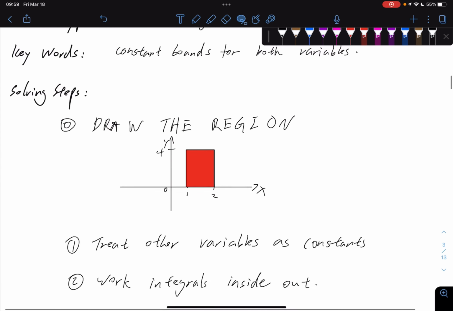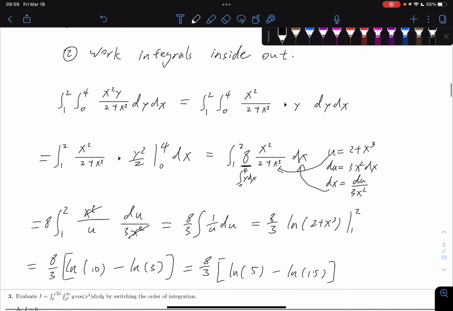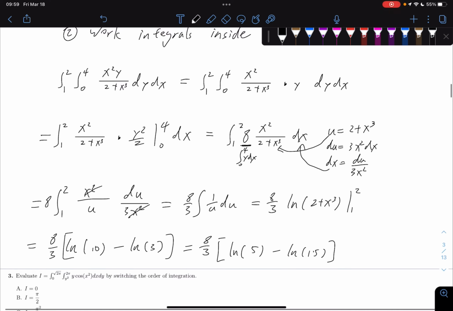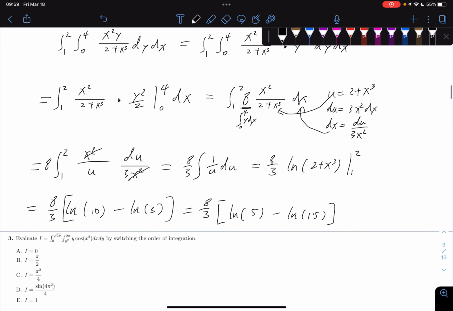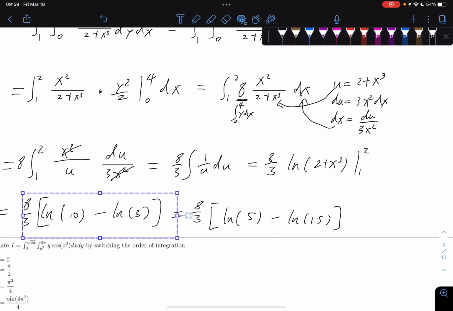But if you simplify this even further, we can use the property of natural log. So we can rewrite this as 8 over 3 natural log of 5 minus natural log of 1.5, and the expression on the right hand side is the same thing as the expression on the left hand side.